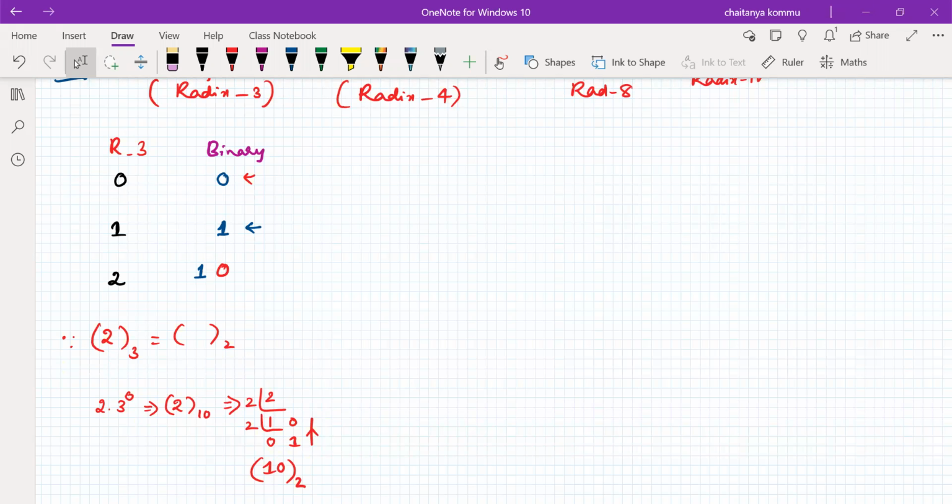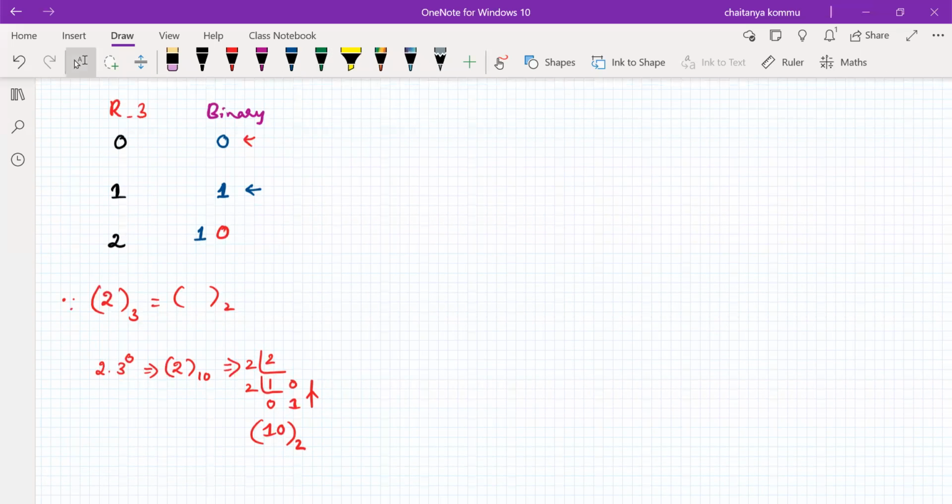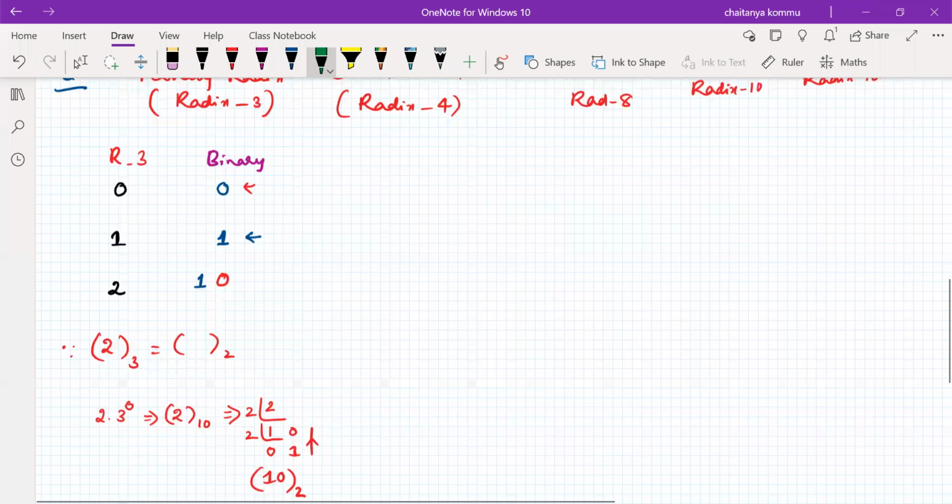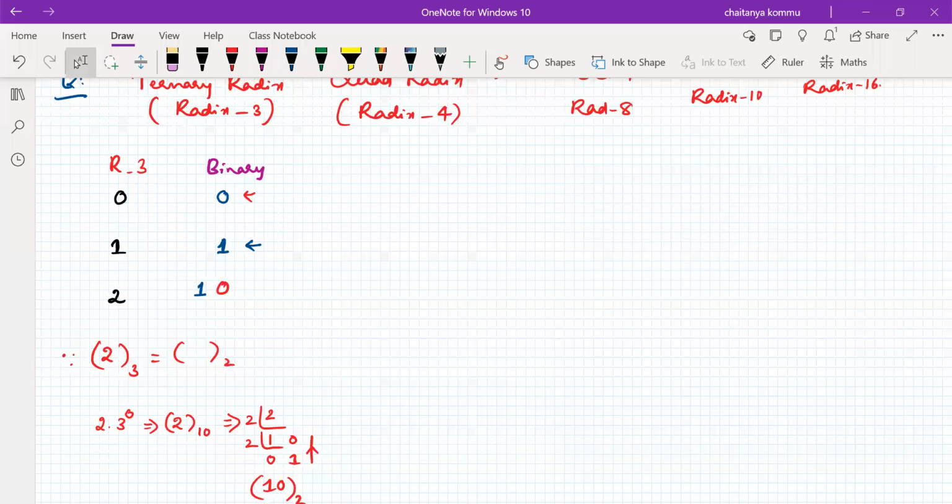Agreed? So one important point we have to remember is that the minimum number of bits required to code ternary, to code radix 3. How many minimum number of bits? Also 2. Exactly.